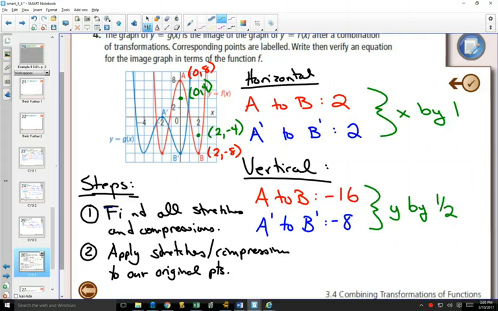Label those points. So apply the stretches and compressions to our original points, and label these points.